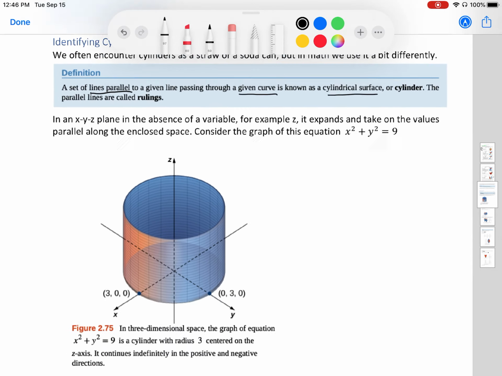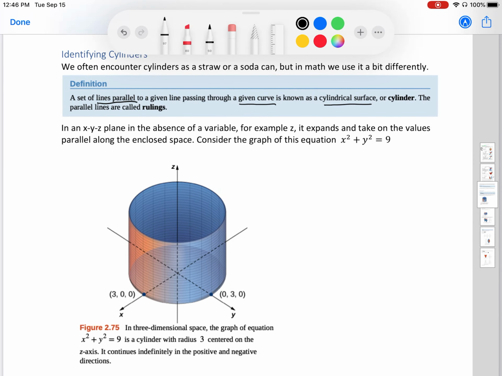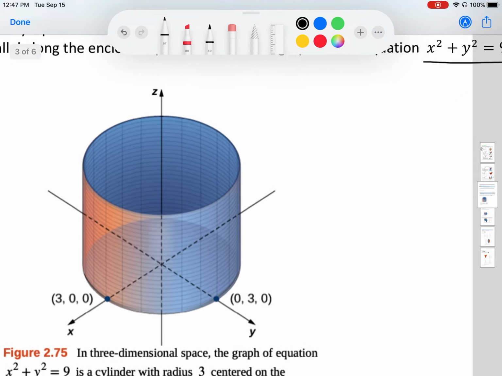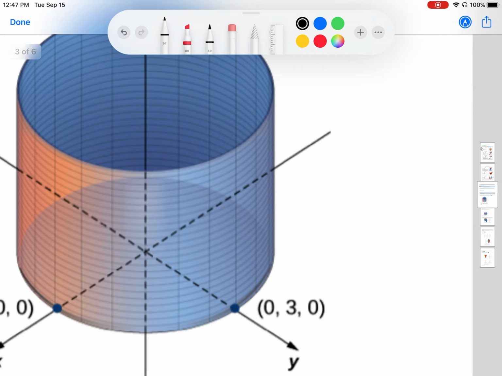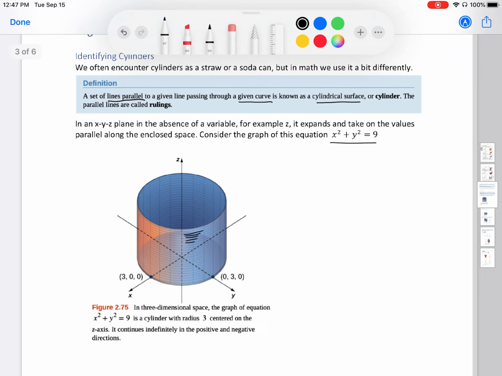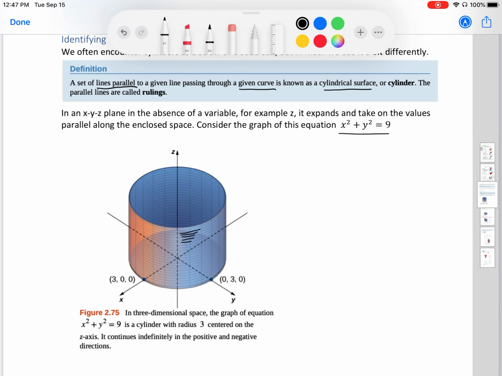As we look at this picture, here we have the graph of x squared plus y squared equals 9 in the third dimension. If you look closely, all these lines that are parallel to one another on the surface are what define this as a cylinder. The collection of these lines along some curve or surface is how we define a cylinder, and these parallel lines are called rulings.